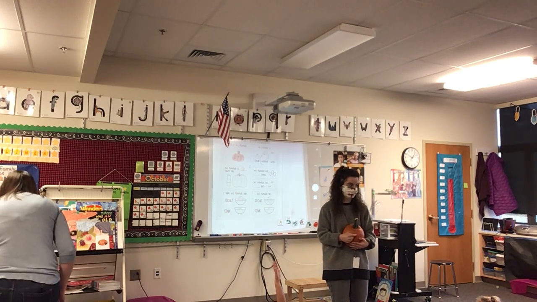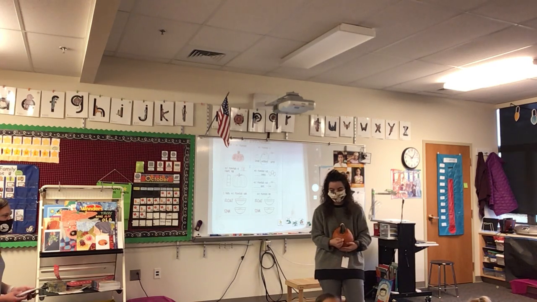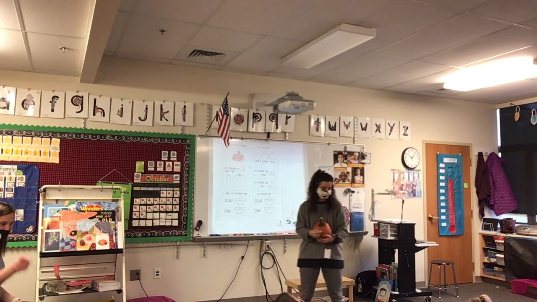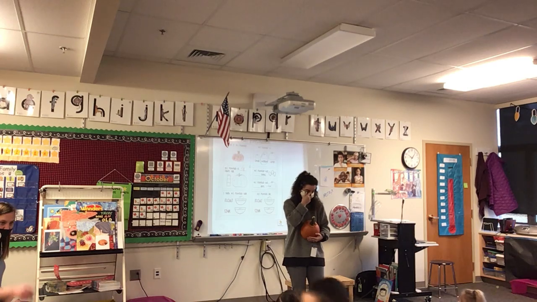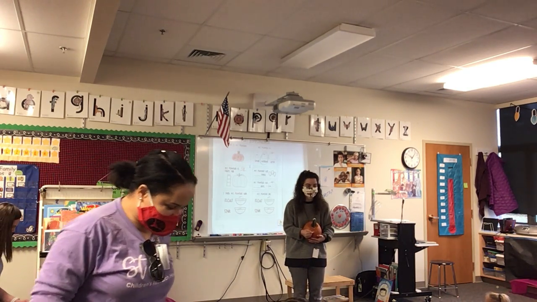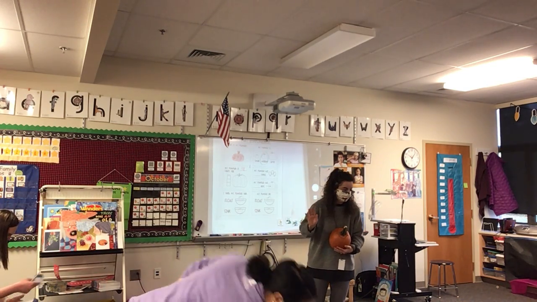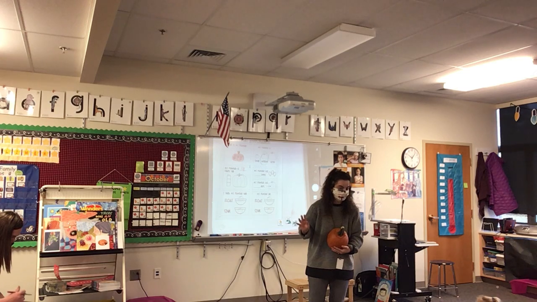So the next thing we're going to do, I'm going to show you this cool thing. Henry, are you looking at my pumpkin? Okay. So, we're going to count the lines on our pumpkin. And let me tell you this cool fact. If your pumpkin has a lot of lines, that means it has a lot of seeds in there.